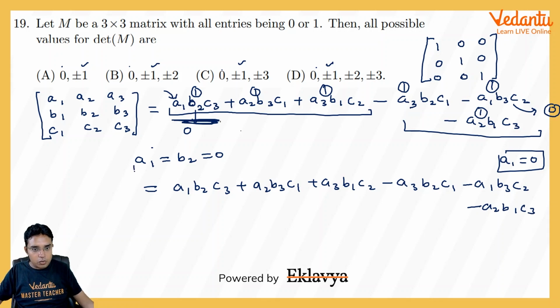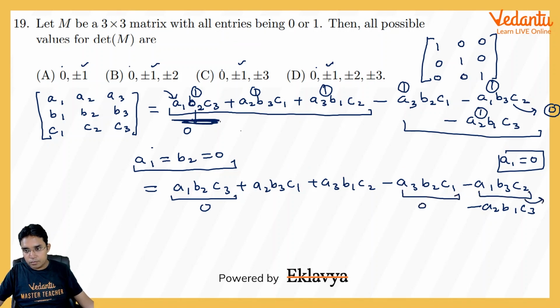If I make these two 0 and all 7 elements to be 1, 1, so this will be 0, and because these 2 elements are 0, this will effectively make this term 0, and it will also make this 0, and this will be 1, this will be 1, and this will also be 1. So you can see my value will be 1. 1 plus 1 minus 1, so 1.